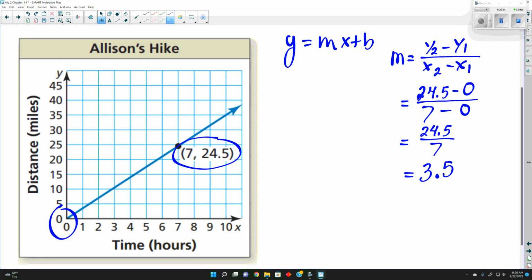So we have the slope, which is 3.5, or we could rewrite it as 7/2. Any questions on this here?